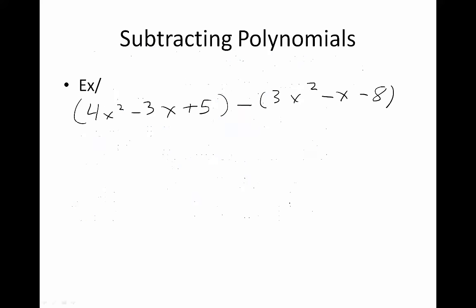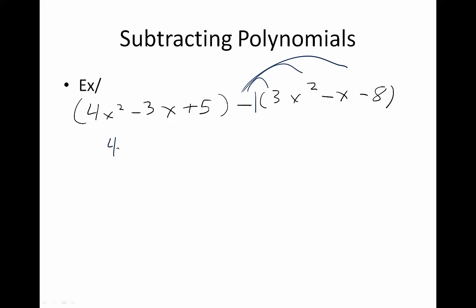Let's do one more subtraction practice before I have you do one on your own. Again, remember, this is kind of like there's a negative 1 right there. So we're just going to pretend it's a negative 1 and distribute it to everything inside the parentheses.